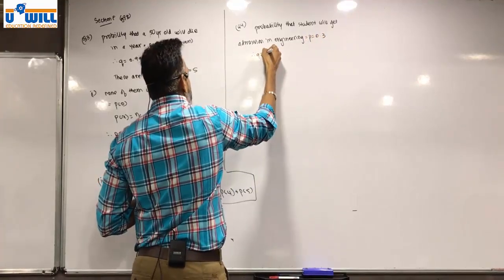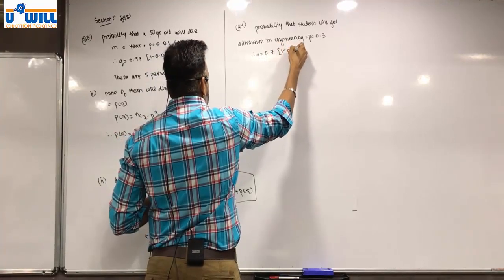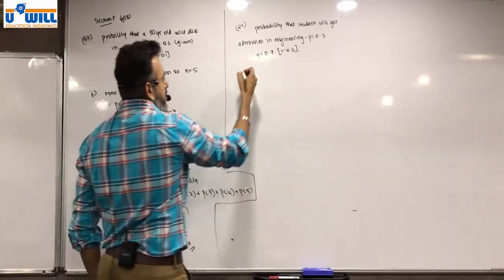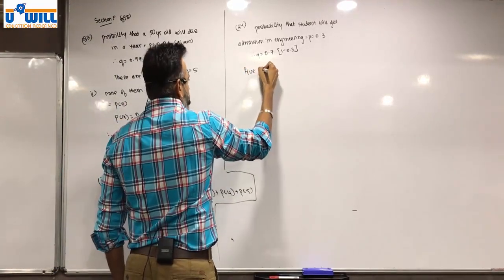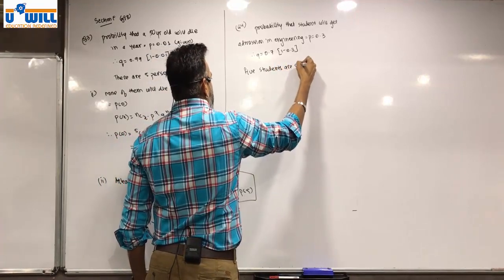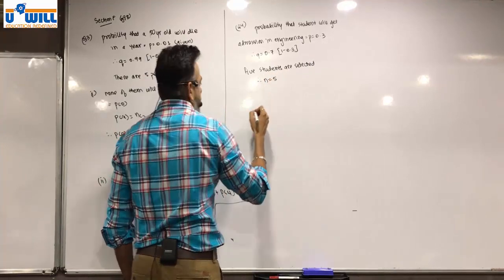Therefore, Q is equal to 0.7, 1 minus 0.3. Now, how many students are selected? 5 students are selected. Therefore, N is equal to 5.